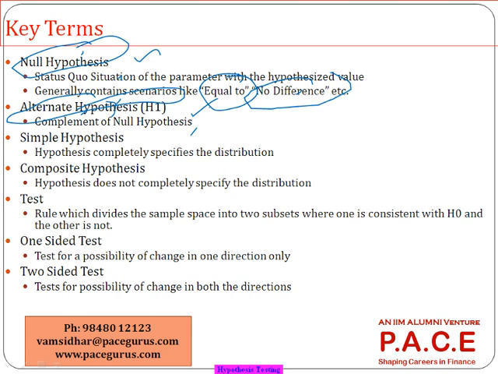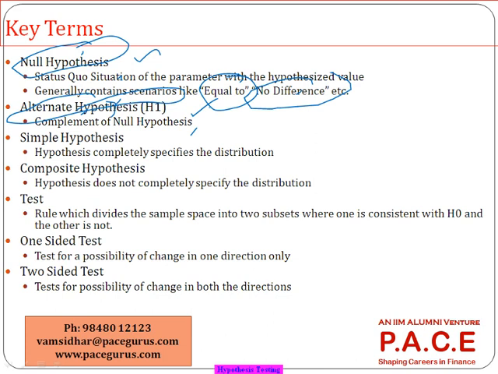There is no difference in the average value of both the populations. The equality kind of English meaning should come up whenever we are dealing with the null hypothesis. So it's a kind of status quo scenario, right? And that is what has to go in as a part of the null hypothesis.